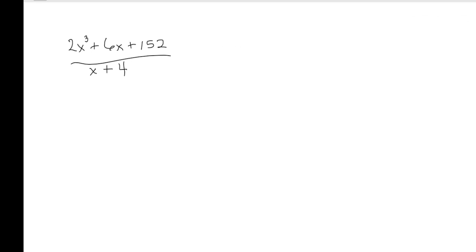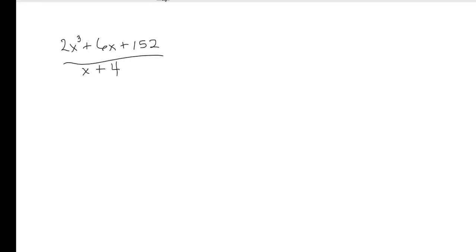All right, here we go. Make sure you copy this down. The first thing we should do is write this in long division format. All right, let's go ahead and do that. Now right here, pay attention. Don't just copy this down. Notice it's 2x to the third power, and then you have 6x. These must be written in descending order, so you have to fill in that blank with a 0.